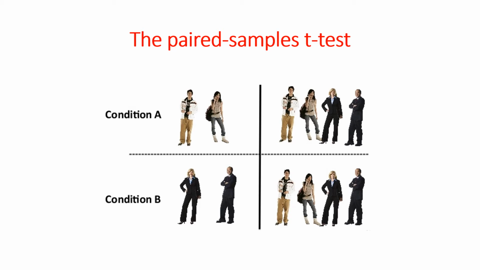That's why the data are not independent from each other. So you cannot use an independent sample t-test like a Student's t-test or a Welch t-test. Rather, you need to switch to a different type of t-test, which is designed to answer questions with this type of design where the samples are paired.